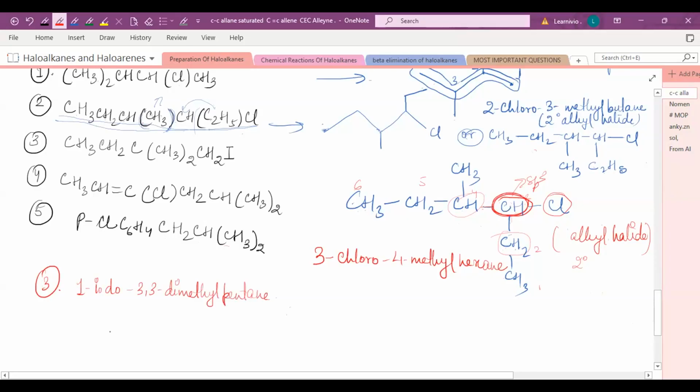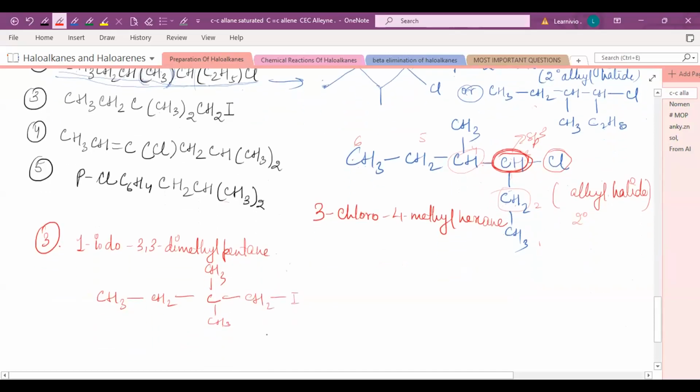So it's CH3, CH2, then carbon, and on the carbon there are two substitutions, CH3 twice, right? CH3 and CH3, then CH2 and iodine. So that's the structure.